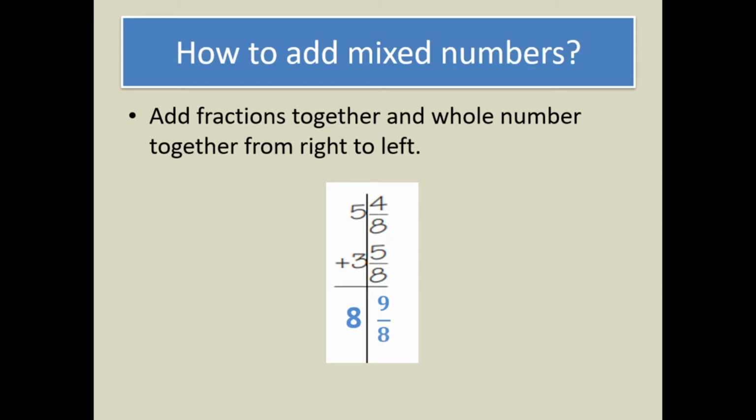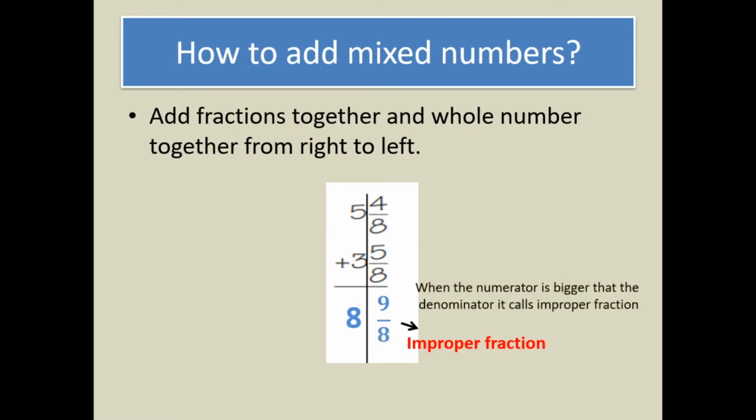Why? Because the numerator here is bigger than the denominator. The numerator is 9 while the denominator is 8. So 9 is bigger than 8. And this is called an improper fraction. The improper fraction is when the numerator is bigger than the denominator. It is called an improper fraction and it's considered a very bad type of fraction.